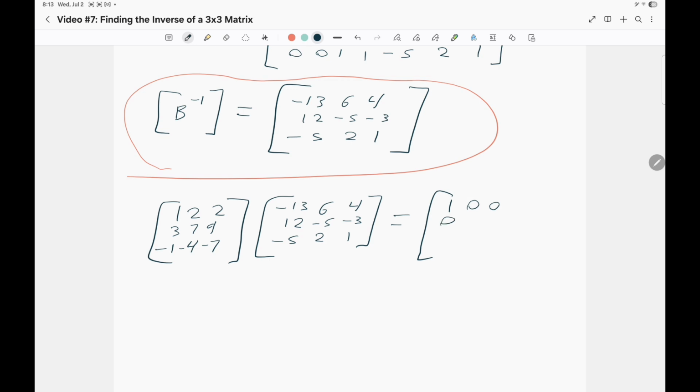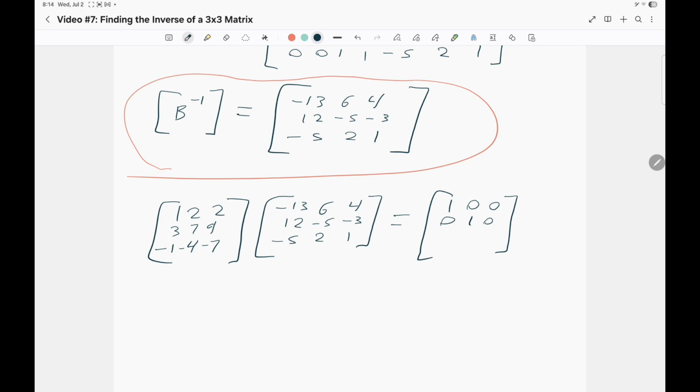Great. 18 minus 35. That shouldn't take long. 17. I'm sorry, -17. -17 plus 18, 1. Looking good so far. 12 minus 21, -9. -9 plus 9, 0.